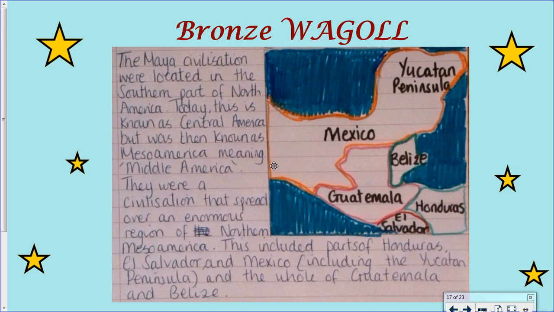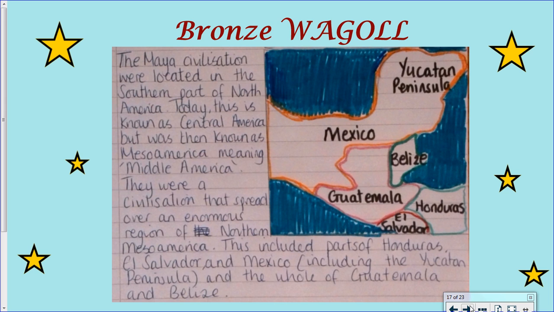This included parts of Honduras, El Salvador, Mexico, including the Yucatan Peninsula, and the whole of Guatemala and Belize. Okay, and then I've just tried to copy out the map from a few slides ago and labelled those countries where the Maya were located. So that's the bronze task, which everybody needs to do.